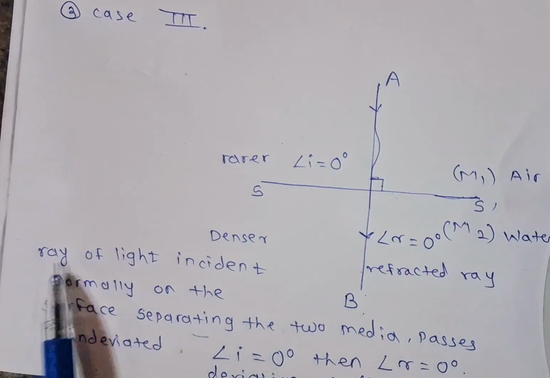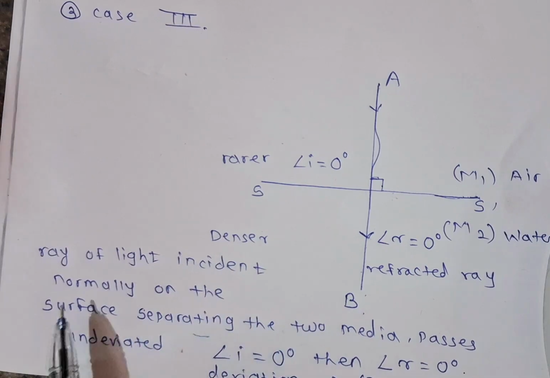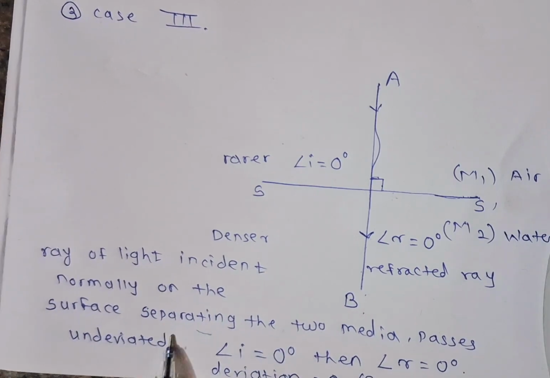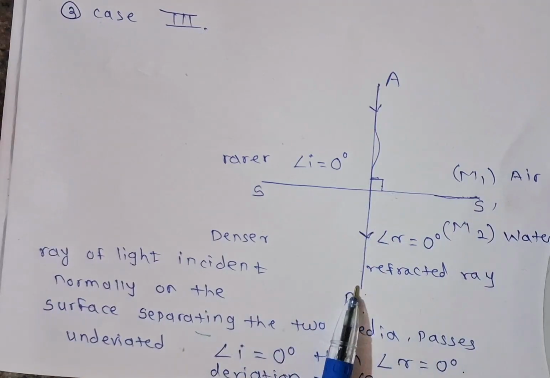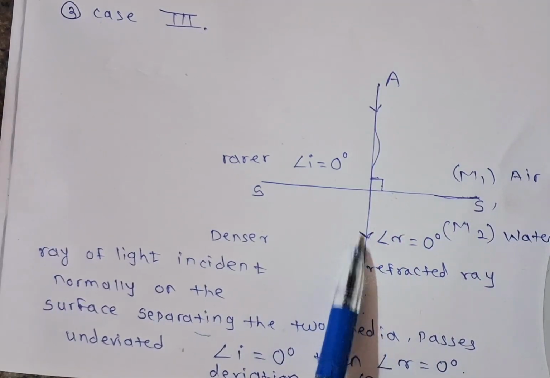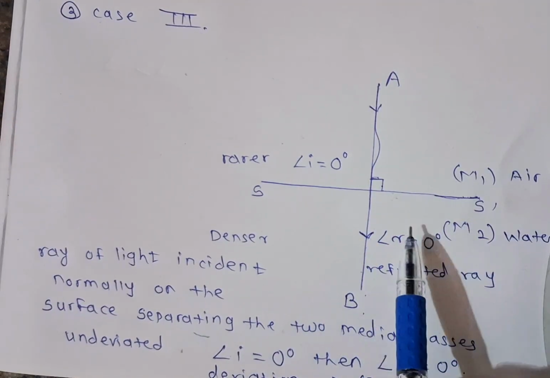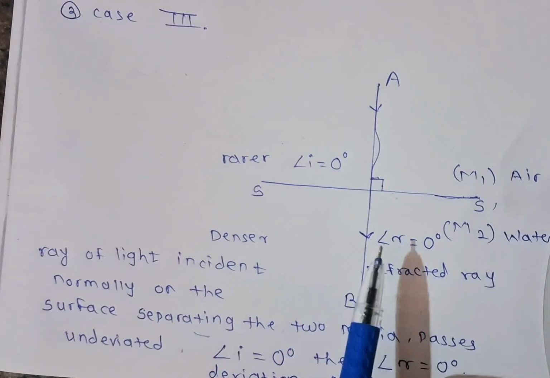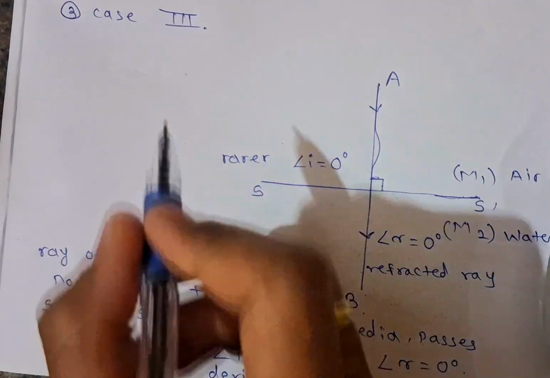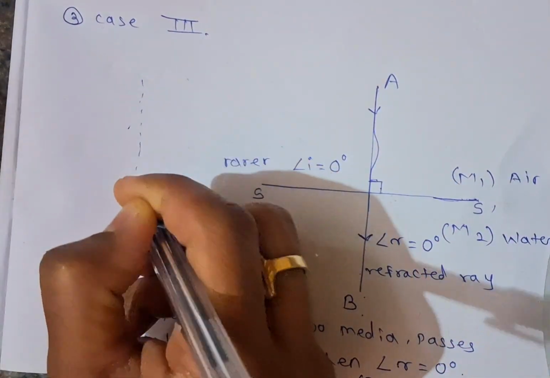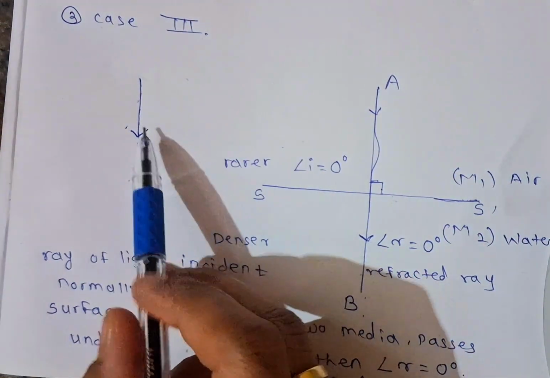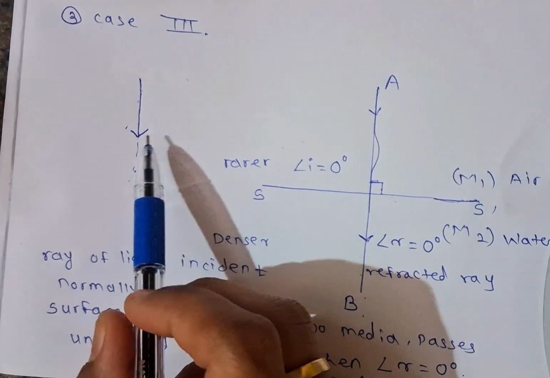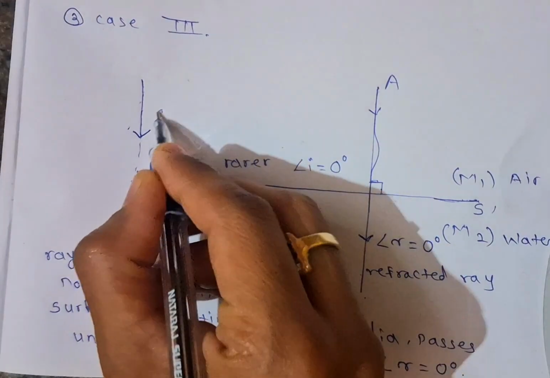So here we write, a ray of light incident normally on the surface separating the two media passes undeviated. It doesn't show any deviation. So here angle R is 0. Of course it is 0 because it is along the normal. This is our normal and this is our incident ray. So what will be the angle between them? It is of course 0 degree.